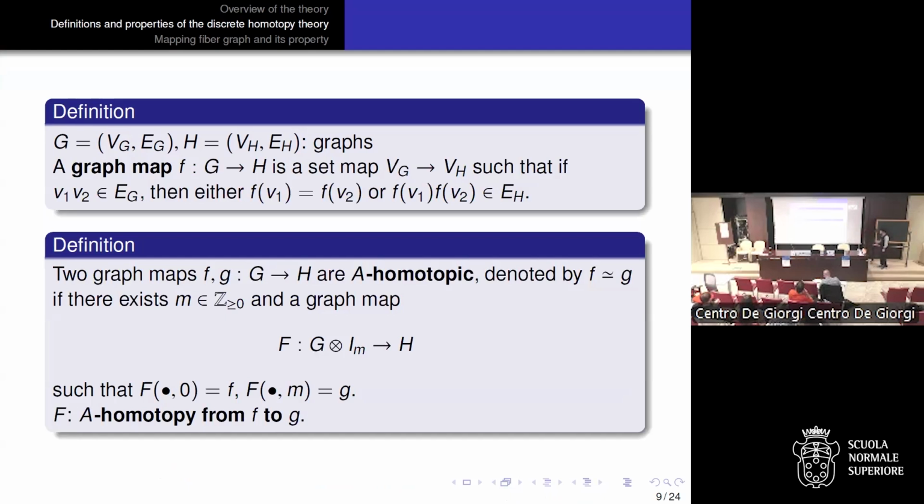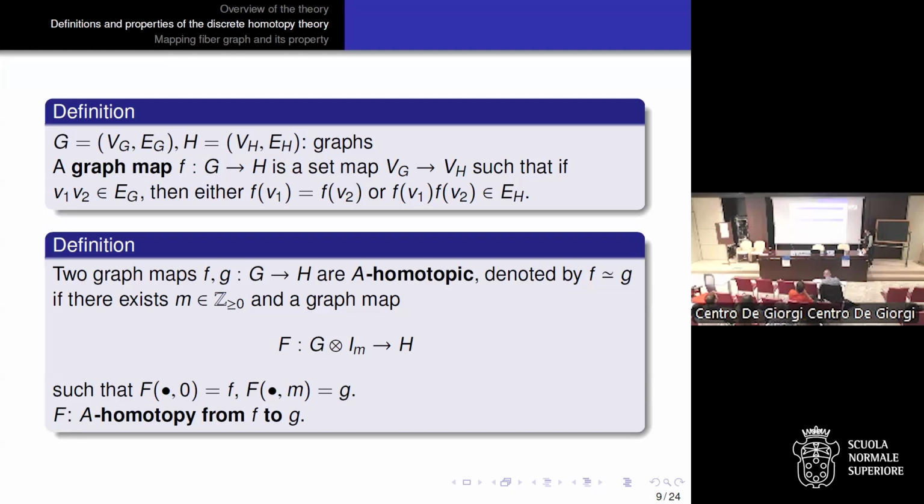And now we define a graph map. So let G, H be graphs. A graph map F from G to H is just a set map on the vertex set such that if (V1, V2) is an edge of G, then the image is either a vertex or an edge of the image graph.